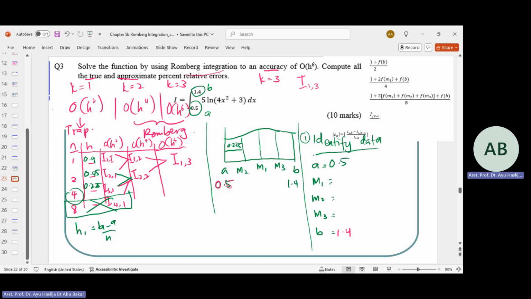What are the M values? M1 is 0.95, 0.9. Each of these is 0.225.